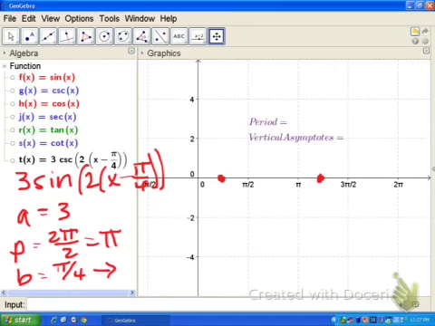And my amplitude is 3, notice that my y-axis scale is going by 2s, so my graph is going to go up to 3, come back down in the middle, and then down to -3. And so here is my sine curve. That's only going to be a guide.